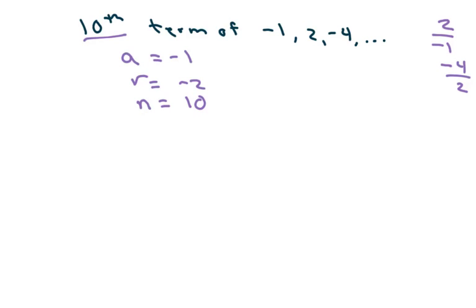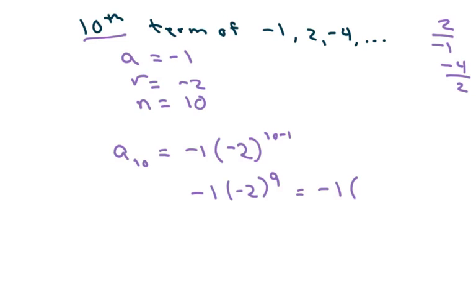So we have a sub 10 equals negative 1 times negative 2 to the 10 minus 1 power, which is negative 1 times negative 2 to the 9th. This is going to equal negative 1 times negative 512, which equals positive 512.